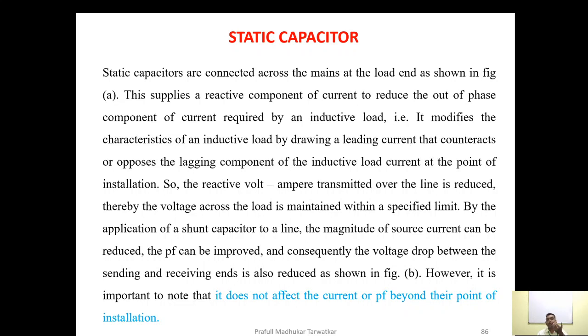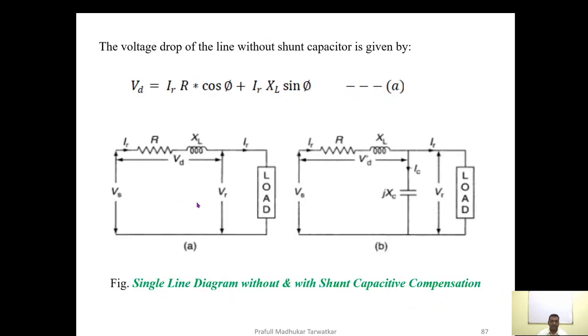Now, how do they contribute in improving the power factor after installing them in parallel with the system? Let us have a look. This first phasor diagram represents the system without any power factor correction device. And in the second case, we have a capacitor connected in parallel with the load for the improvement in the power factor.